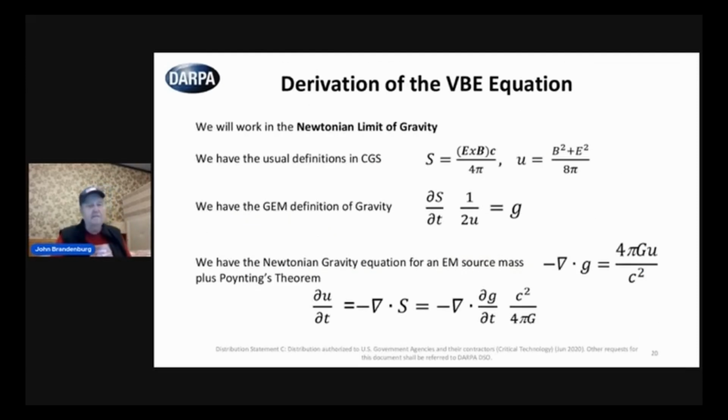You can derive from this theory, using this E cross B drift model, a time variation on the E cross B drift speed to make gravity, and then Newtonian gravity theory, and because we're doing this in a non-relativistic limit, also Poynting's theorem. You put that all together, mix it in the pot. Next.